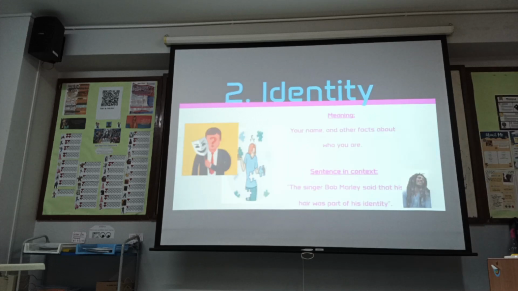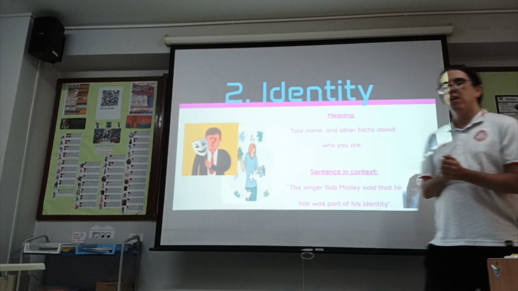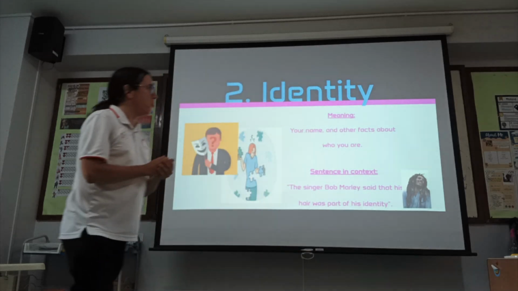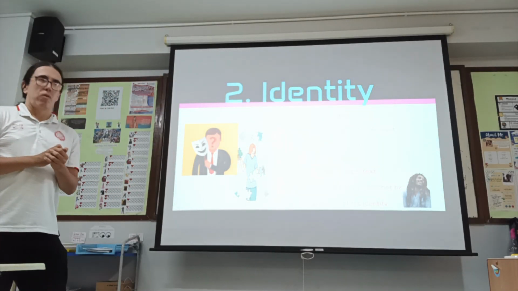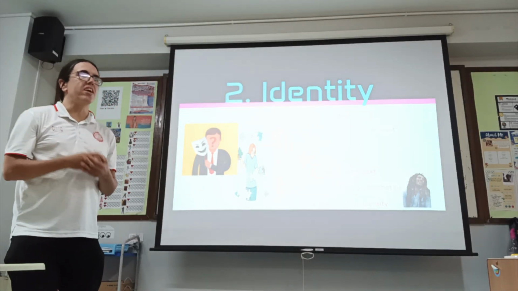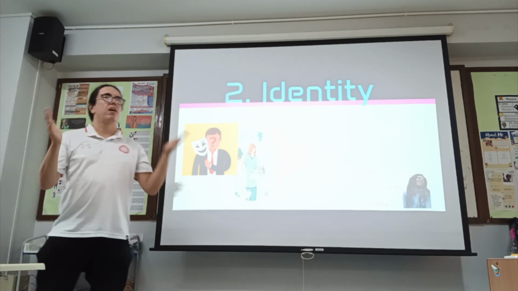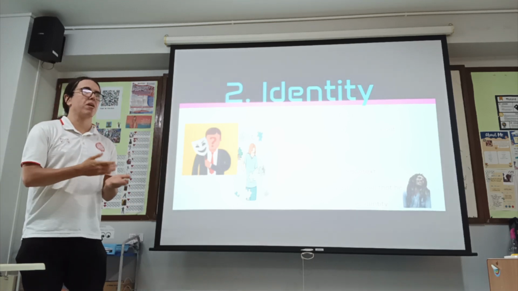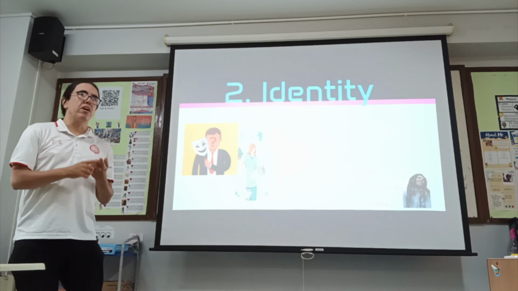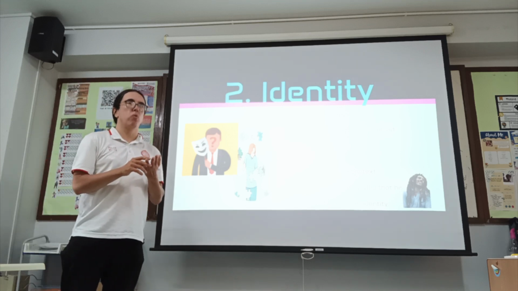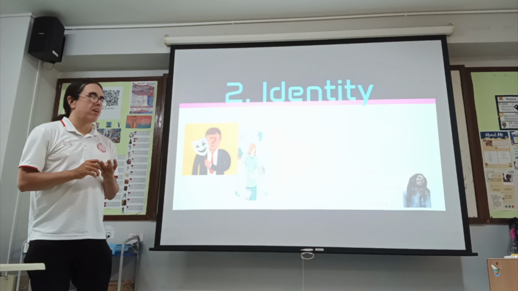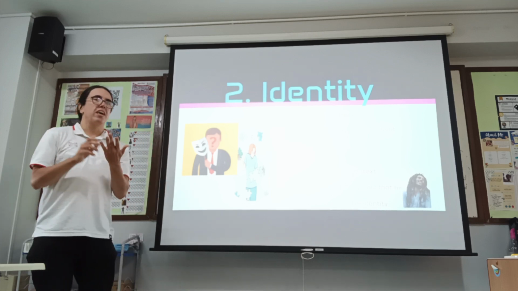Next word, the topic of this unit, identity. Your identity is who you are. That's not just your name, but other facts about me. For example, my name is Gigi, I am British, I am from Yorkshire province, and I like punk rock and reggae, and I like anime.